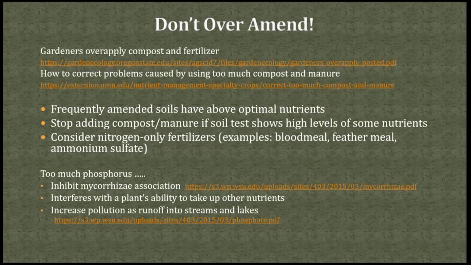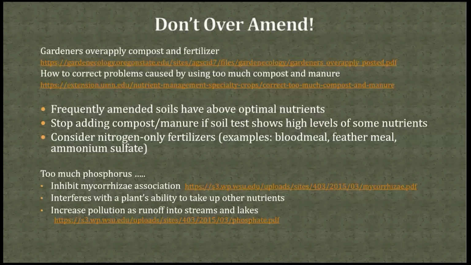And if the soil already has a lot of phosphorus, the mycorrhizae does not have an opportunity to use its special ability. So it will simply go into a corner and become not active.